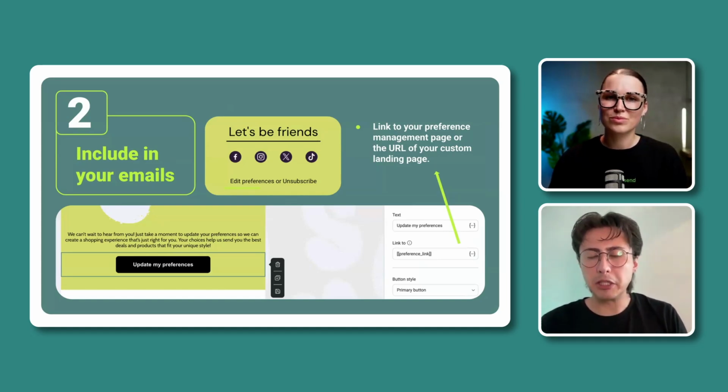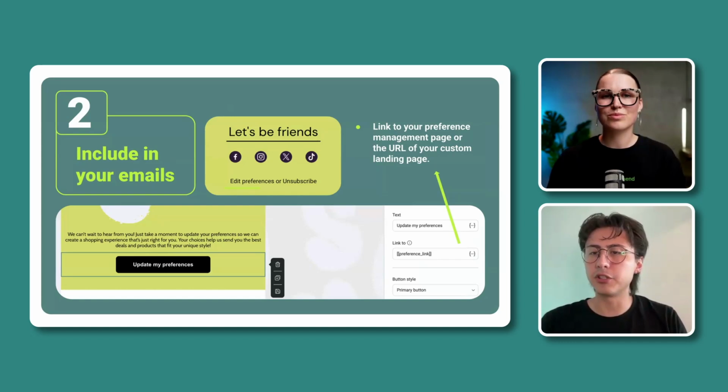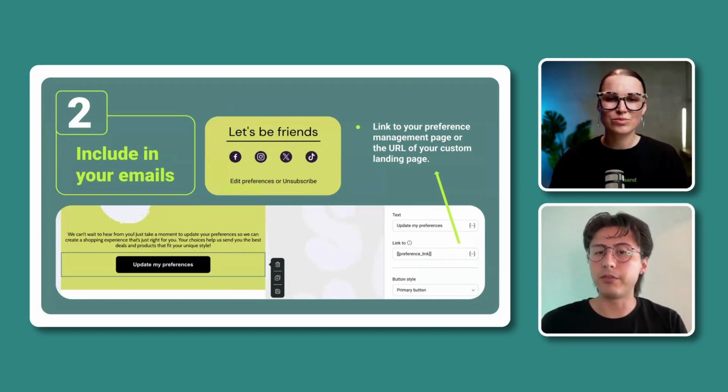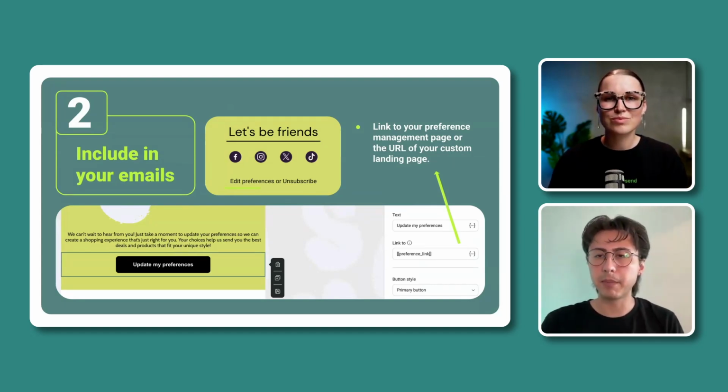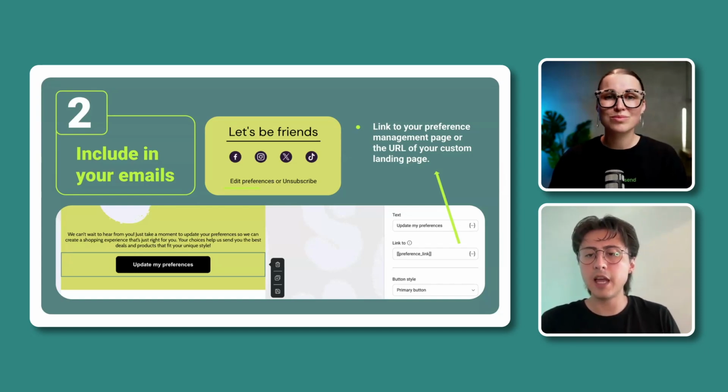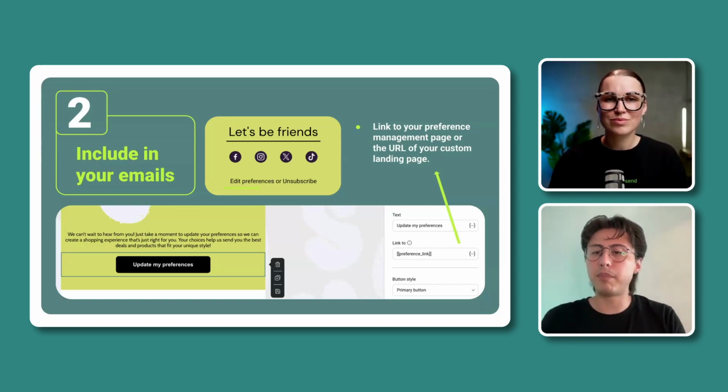You can be much more creative with your communication style and your language, but just as a default example, I picked this. You can either select to link it to the preference links, which drop your contacts on the page that we saw in the previous slide, or you can paste here the URL of the landing page that you have created.